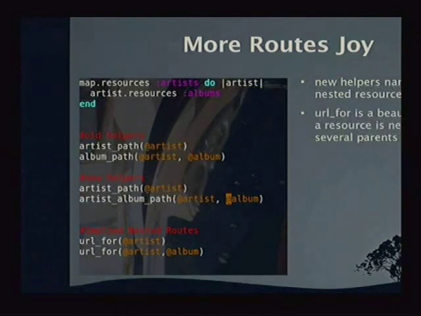This is going to make those links really simple to do because you don't have to worry about a bunch of if and or statements. You've just got them namespaced properly. But it gets even better, way better. You can now do URL for artist and URL for artist album, and it understands what sort of objects it's trying to build a URL for.